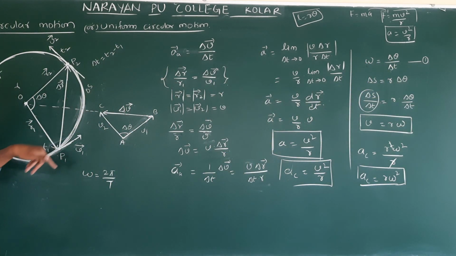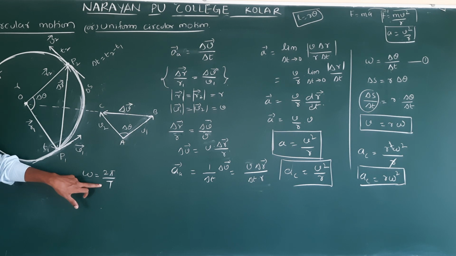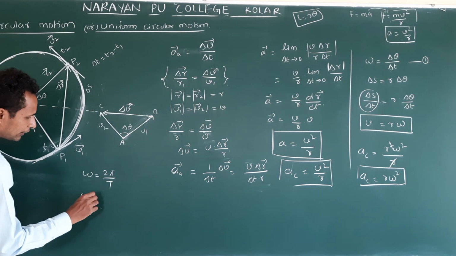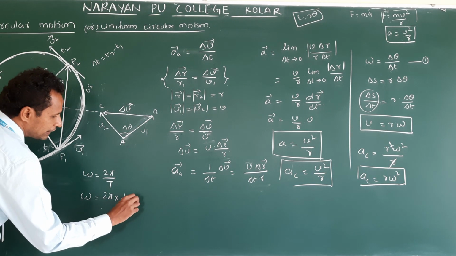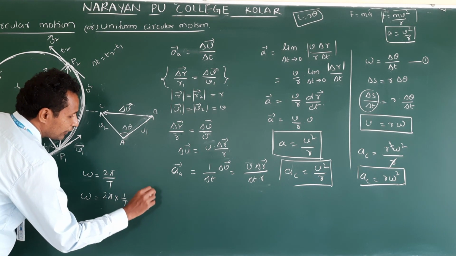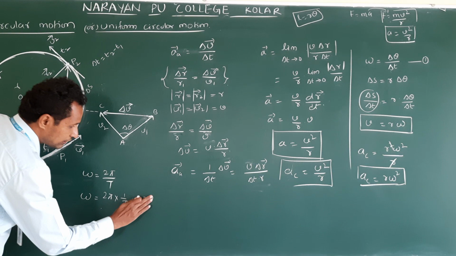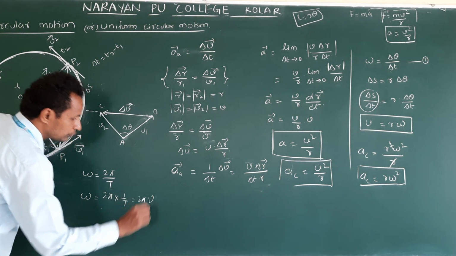For one complete rotation, it completes 2 pi radians. If we take time as capital T, omega is 2 pi by T. And omega is equal to 2 pi into 1 by T. So 1 by T, how do we write? Frequency nu. This is not v, this is nu.